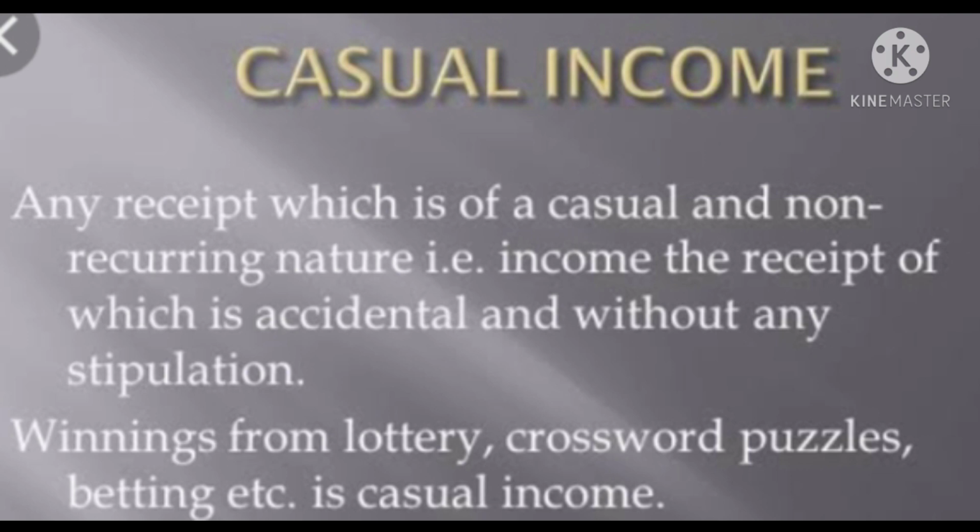Suppose you take a lottery ticket and you win in that, it is non-recurring, right? It is irregular and unanticipated. You don't know whether you will win or not. Such income you call a casual income. Some examples of casual income are winnings from lottery, crossword puzzles, betting, etc.